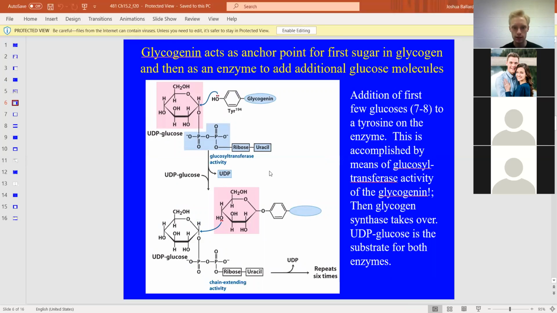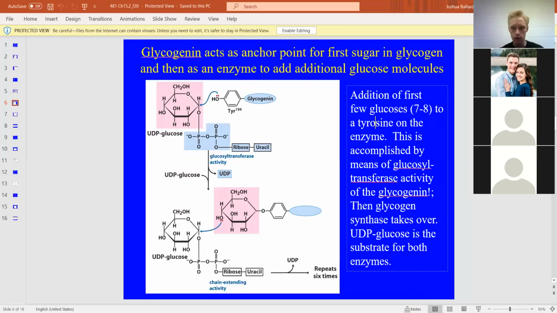So glycogenin acts as the anchor point in glycogen, and then glycogen synthase adds more glucose molecules onto there. You won't have to know the reaction mechanisms for this, but it's important to know what the steps are and the enzymes involved with it.